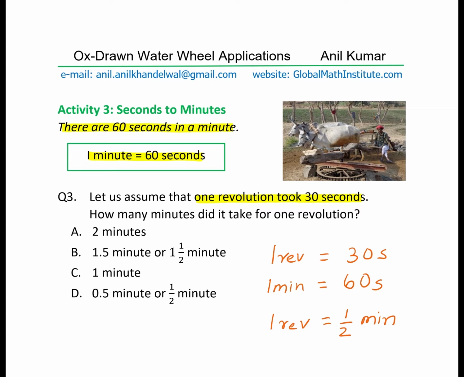So we get our option D as the correct option, 0.5 minutes or half a minute. You can also say that in this particular case, in 1 minute, we have 2 revolutions.